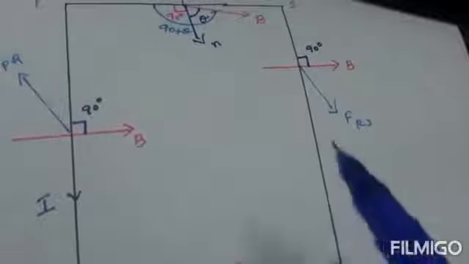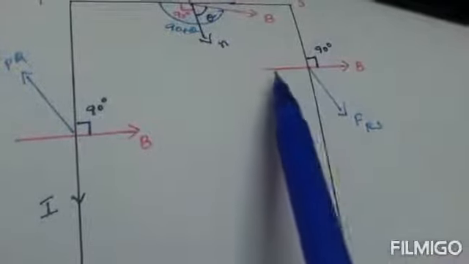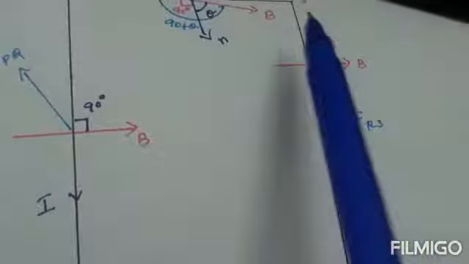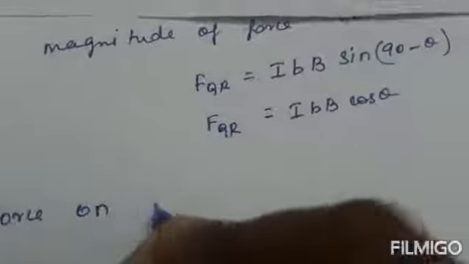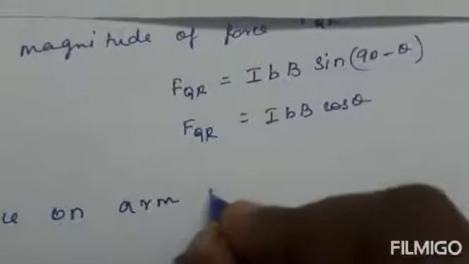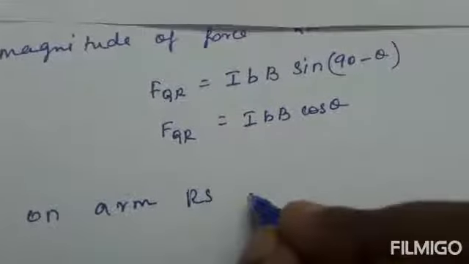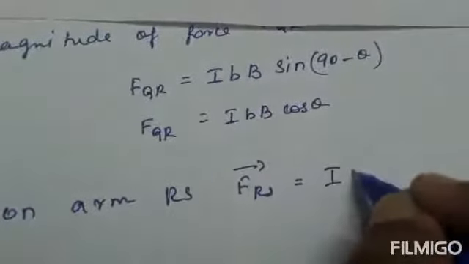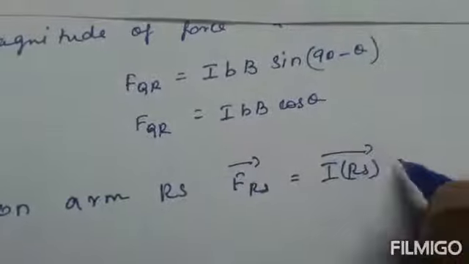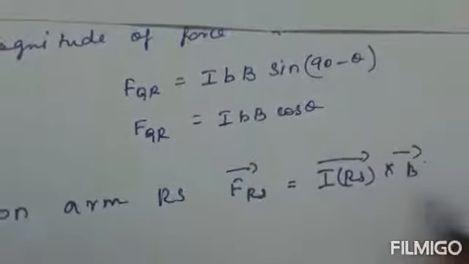Now we have to find out the force on the arm RS. This is your magnetic field, and the current element is I into RS. So the force on arm RS is F_RS vector is equal to I into RS cross B vector.